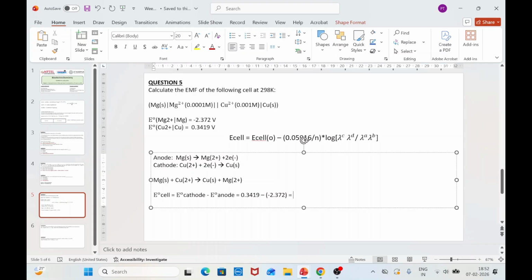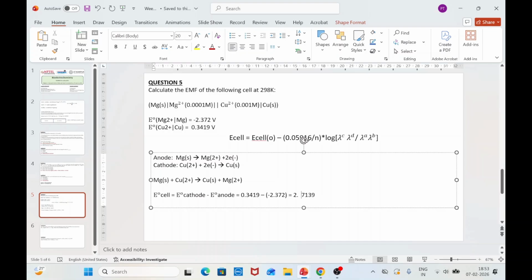So the total value is going to be 2.7139.